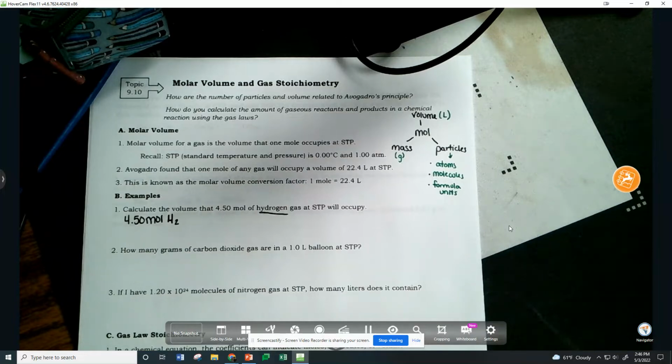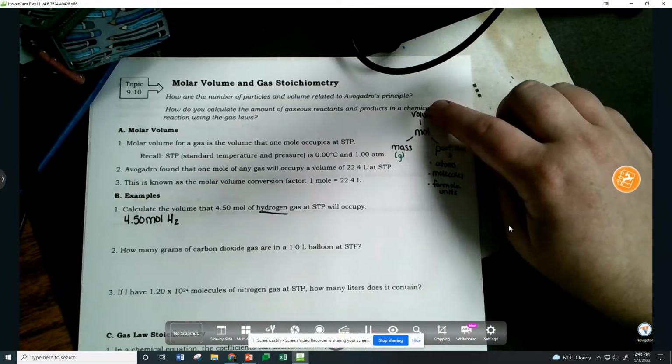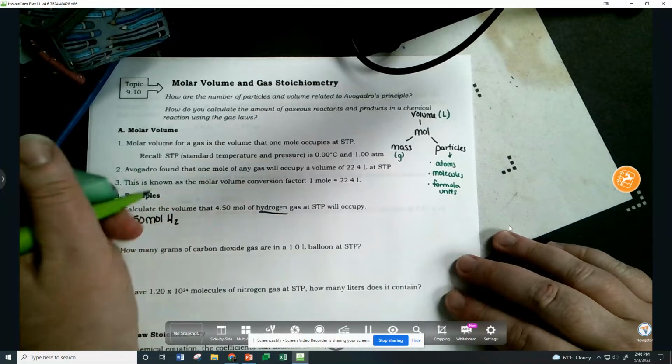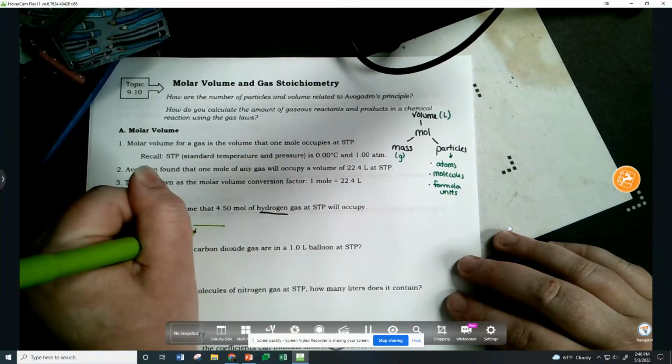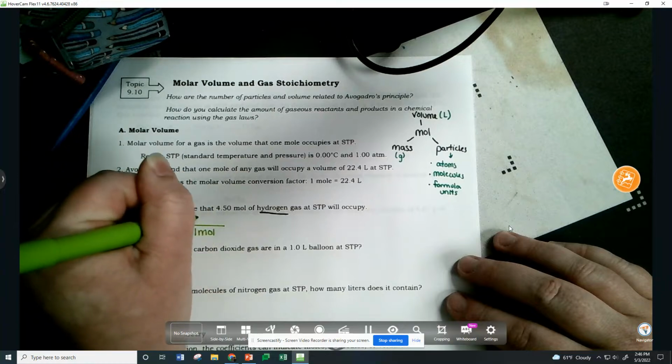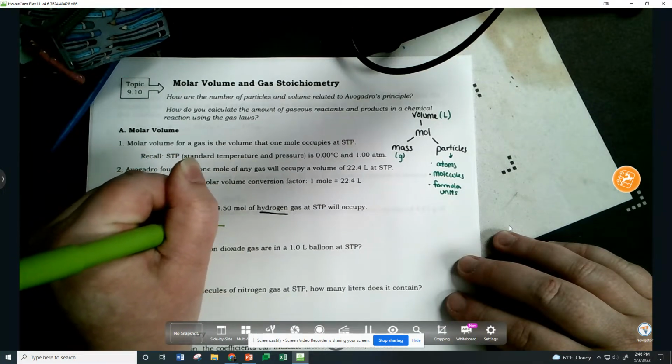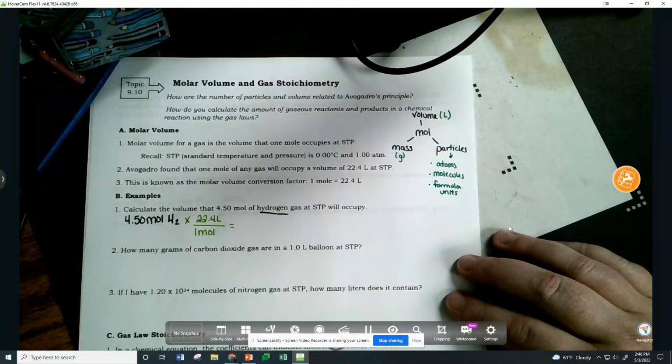Remember, what the map did for us is it helped determine the number of steps needed to complete a conversion. I can see that I'm starting at moles and I want to end in volume, volume being liters. So that is a 1-step conversion using our new conversion factor. My given unit being moles means I need to divide by 1 mole and multiply by the 22.4 liters, and we're ready to solve.